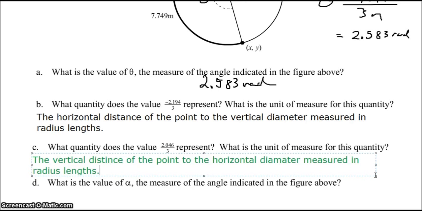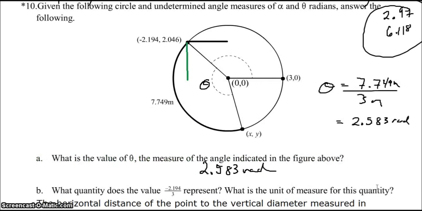What is the value of alpha? Let's see, my book doesn't have an alpha, but I'm going to guess alpha is right here. So the question is, what is the value of alpha? Well, we could note that the radius is 3 times sine of alpha gives us 2.046.